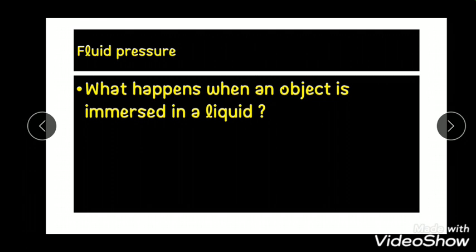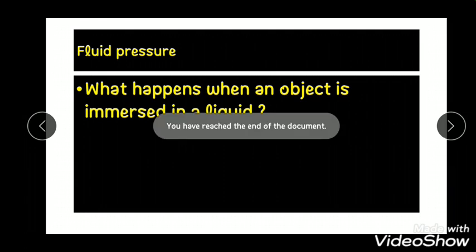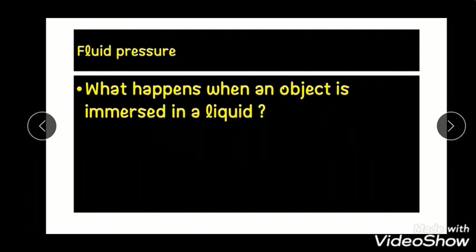If the upward force of water is more than the weight of the object, it will float. A stone's weight is more than the upward force of water, so the stone sinks in water. So dear children, see these activities. One more activity is there in your textbook. See these three activities.